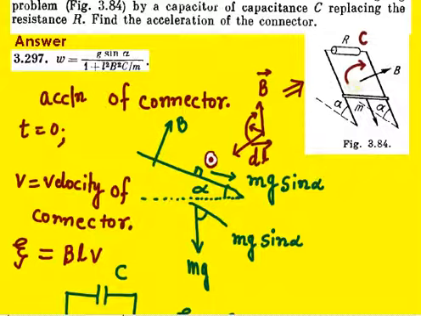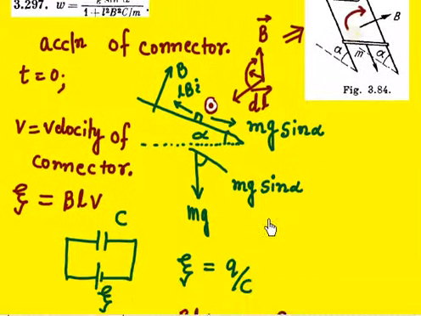So if I write the equation of motion, in this case that force is acting in the upward direction: delta L cross B, into I, since current is I. So I have to write I also. So this is the force. Now let us write the equation for acceleration.